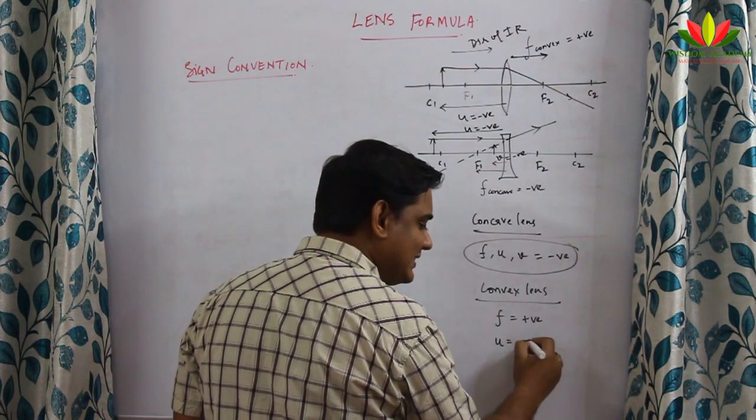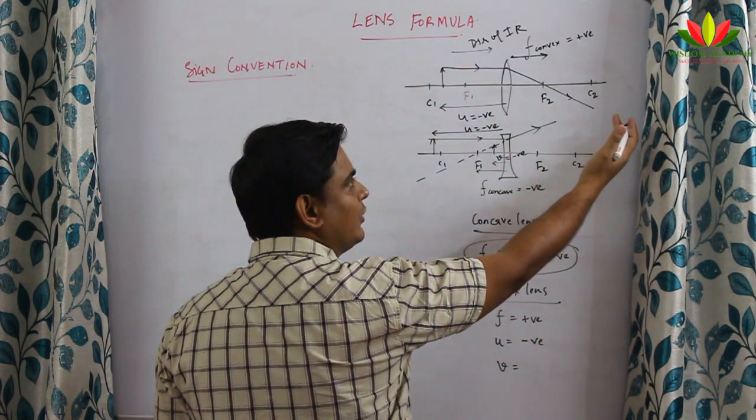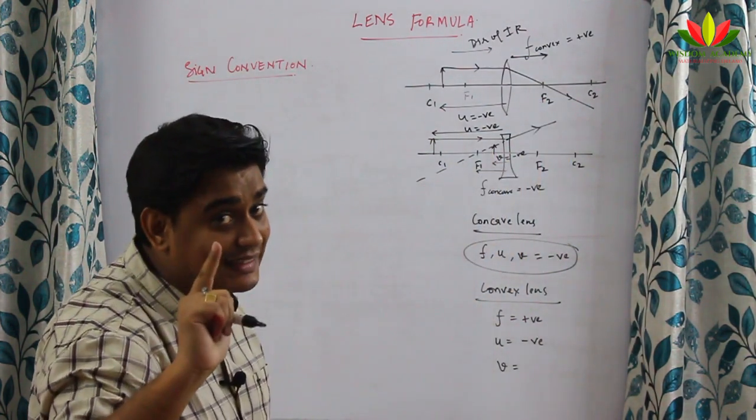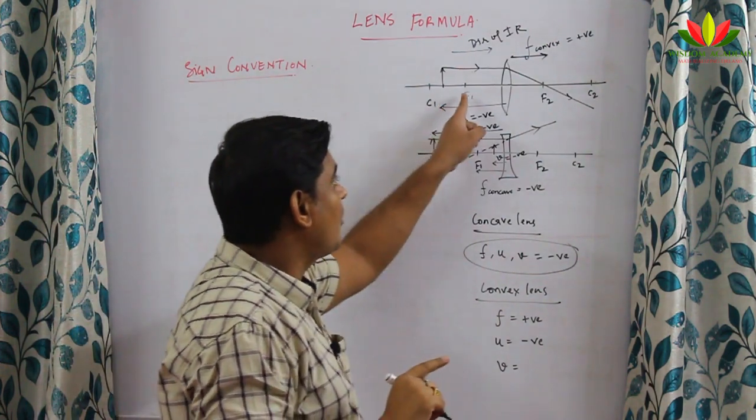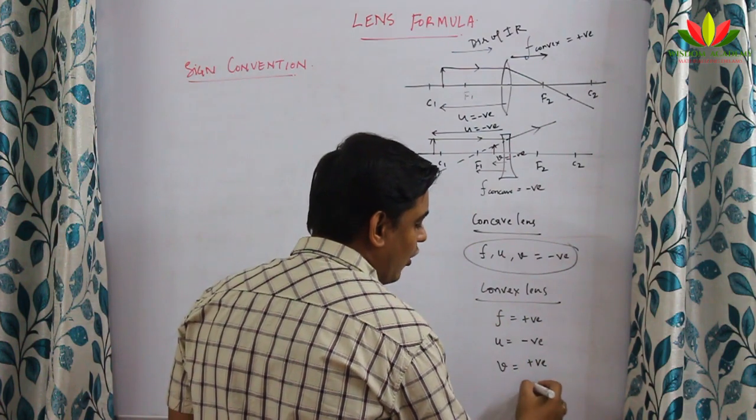U is always negative, and V, see, always the image will be formed on this side only. Remember, always, except one case, when you had the object between F and O. So V will be either positive or negative.